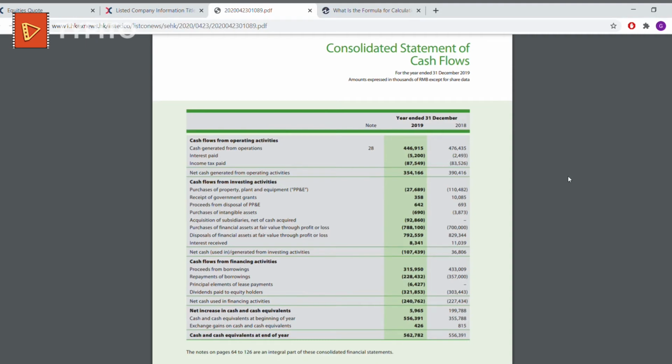And this is actually a warning sign that you should take note of, because cash flow is the lifeblood of the company. Without cash flow, the company will not be able to survive. Hence, we need to have a requirement that the free cash flow yield has to be at least 5% to qualify as a good investment.